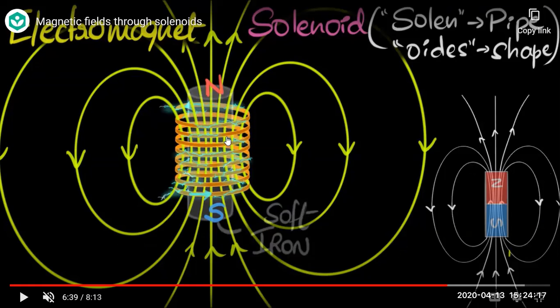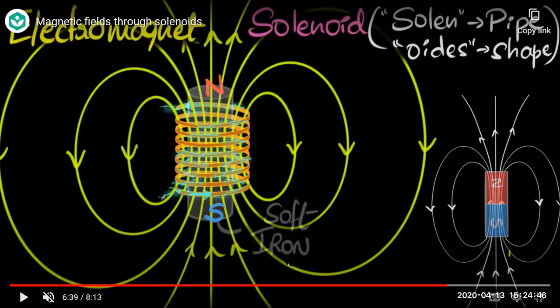If I'm going to introduce a soft iron in the magnetic field, soft iron gets magnetized. So the magnetic field of the soft iron gets added to the magnetic field of the solenoid, increasing the strength of the solenoid as a magnet. So what does a soft iron core do? A soft iron core increases the magnetic field strength.